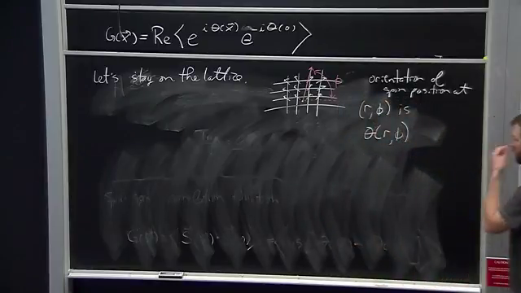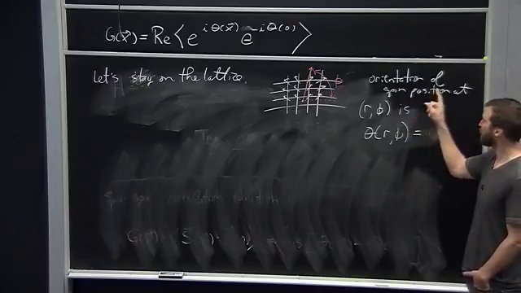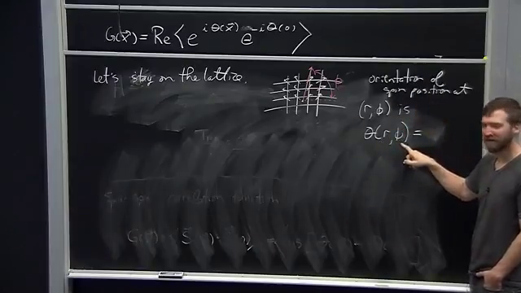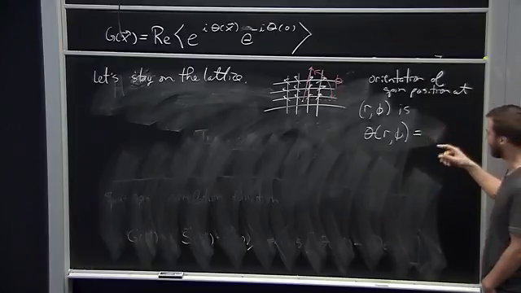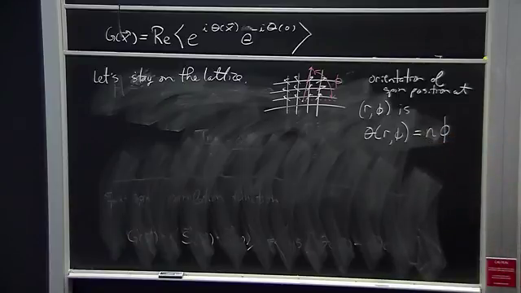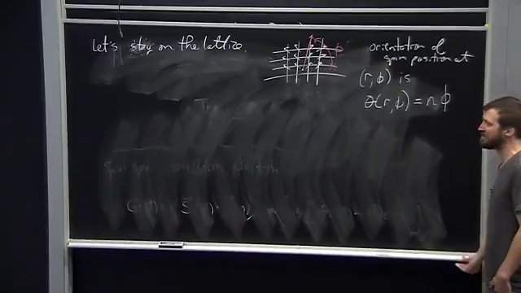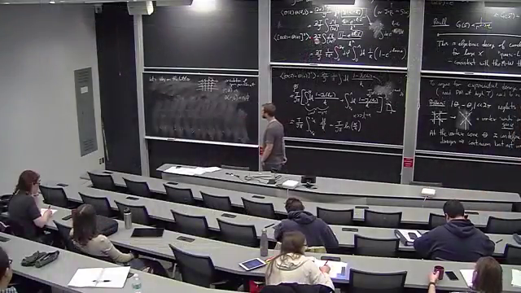Okay, so if I have a vortex, then the orientation of the spins is some multiple of phi. I'll call that multiple n. So that's the charge, or the strength, or the winding number of the vortex. I'm just describing the vortices, and I'll show you the energetics for the vortex.